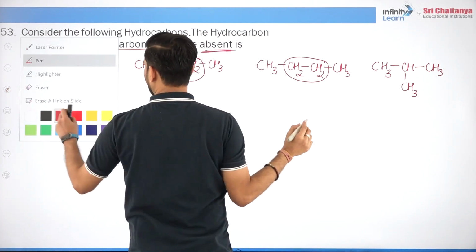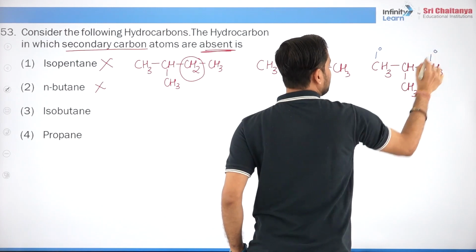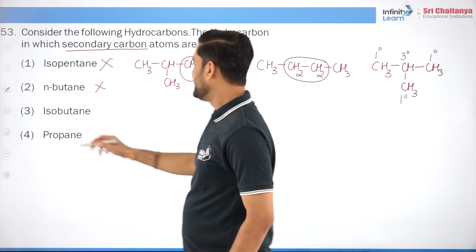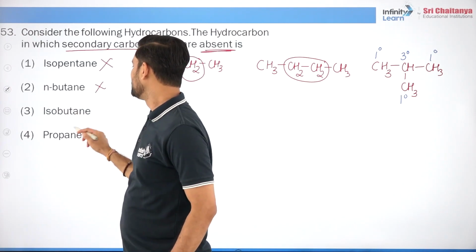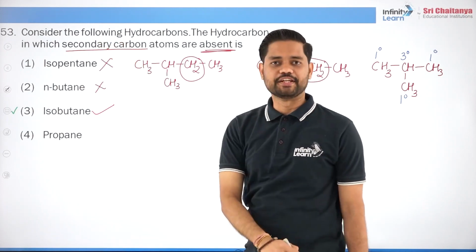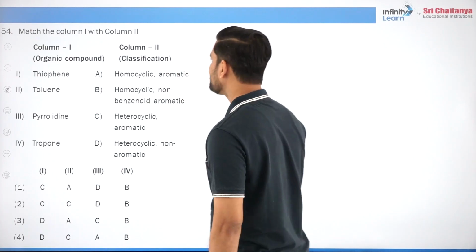If I mark the degree, this is primary, this is primary, this is primary, and this is 3°. So the right answer will be option number 3 for question number 53. Okay, clear? Perfect, great. Let's proceed further.